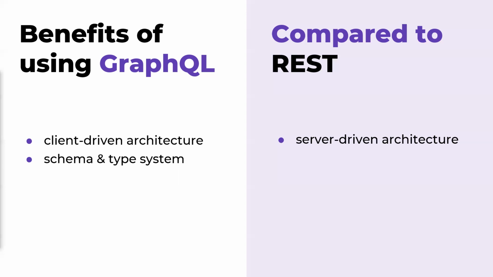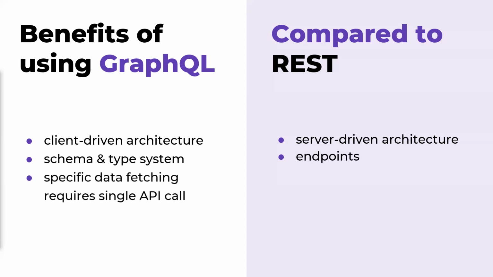GraphQL is a strong type system using schema, which provides flexibility to the clients, where REST API utilizes endpoints, which cannot be very flexible, and the client has to rely on server-side development heavily. Also, GraphQL allows specific data fetching with single API call, where in REST, you generally require multiple API calls because of fixed data structure.